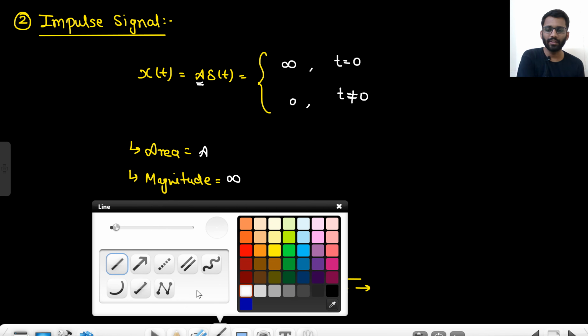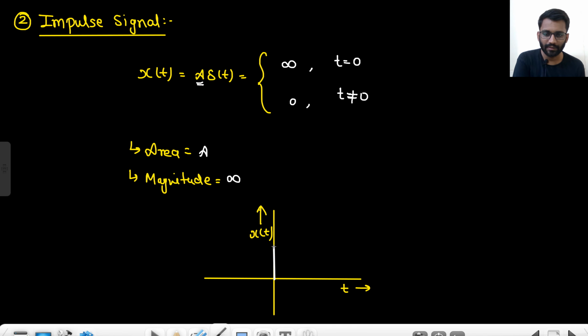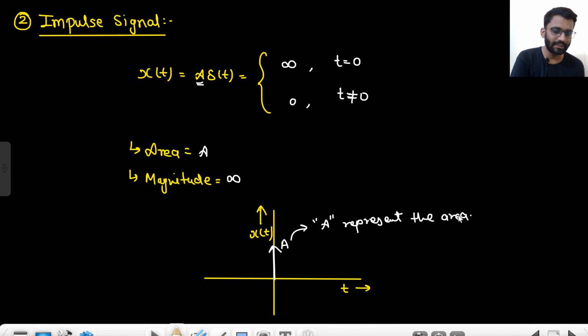So how do you show it? You show it like this, and you write A here. This A represents the area. We will see the deep meaning. So what is the unit of A?